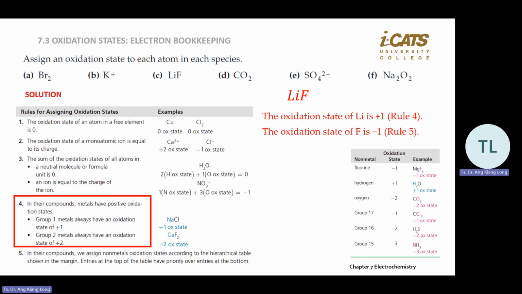Why -1? Because if you read the periodic table, group 1, 2, 3, they have how many valence electrons outside? They have 1 valence electron, 2 valence electrons, 3 valence electrons outside the atom, right? So group 1, 2, 3 more easily give away the electron.